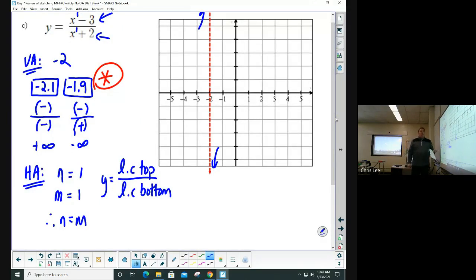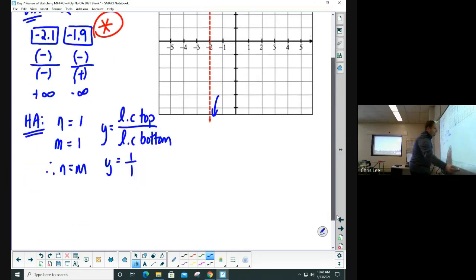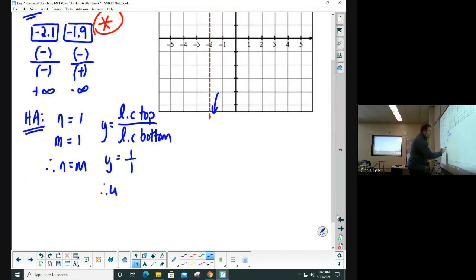So when the degrees are the same, when you put in really big numbers, essentially the -3 and the +2 don't matter. You only need to look at the front, and the leading coefficient of the top is 1. The leading coefficient on the bottom is 1. So that means my equation is going to be y equals 1 over 1, or just plain old y equals 1.